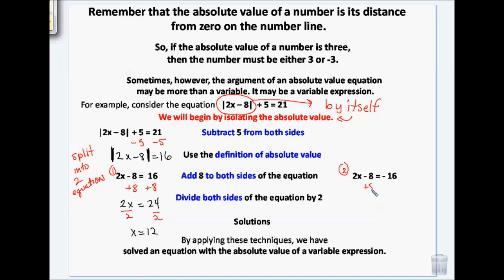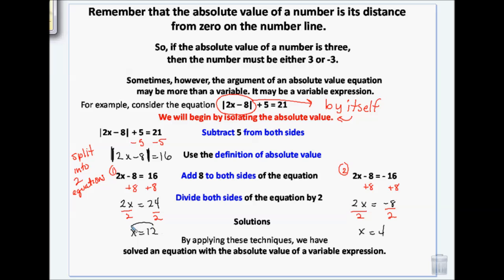Come back over here, add 8 to both sides, and I get 2x equals negative 8. Divide by 2. Sorry, not negative 18. Negative 8. And then I get x equals negative 4.